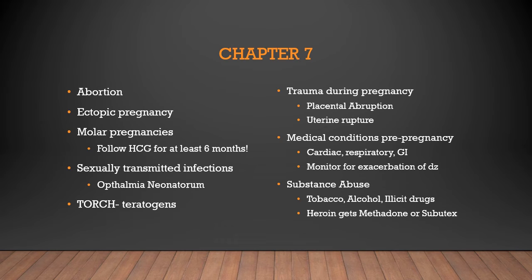Ectopic pregnancy is any time the pregnancy occurs outside of the uterus. The majority of those occur in the fallopian tube, and they account for roughly 10% of maternal mortality. The risk factors for ectopic pregnancy include prior tubal damage and pelvic inflammatory disease.